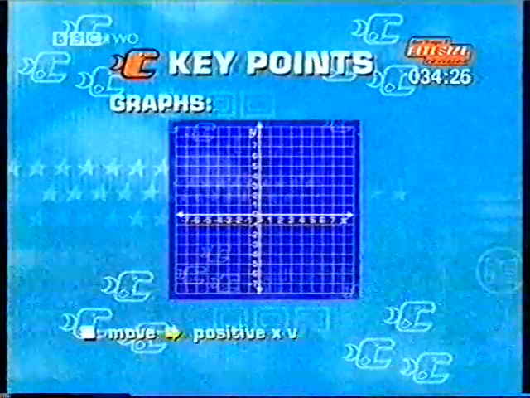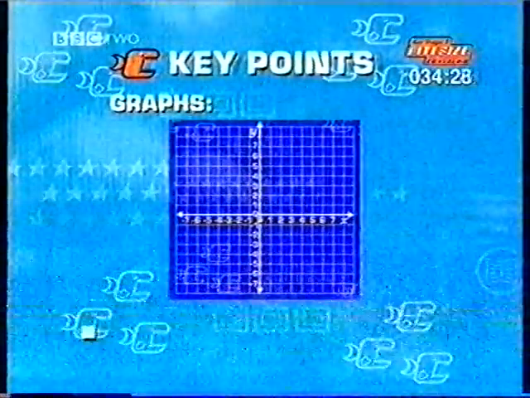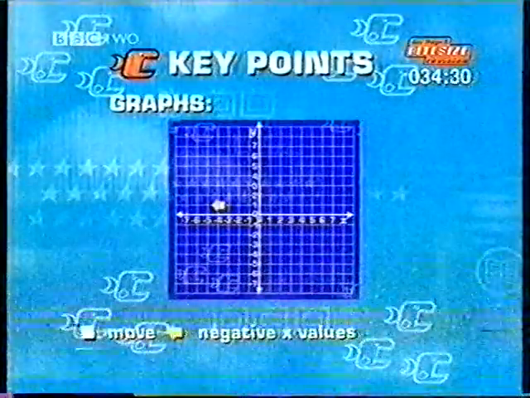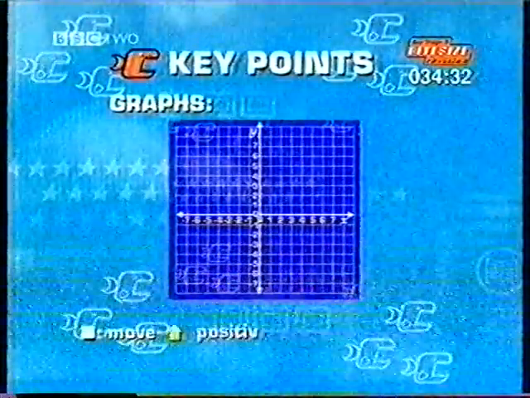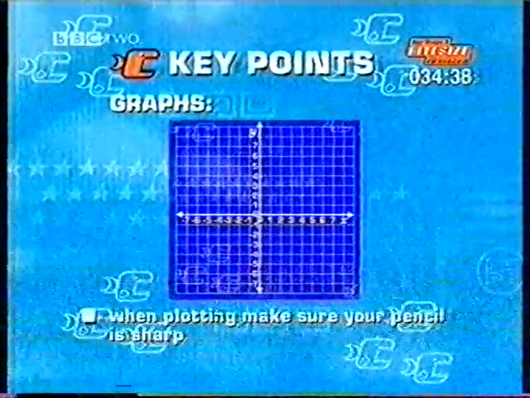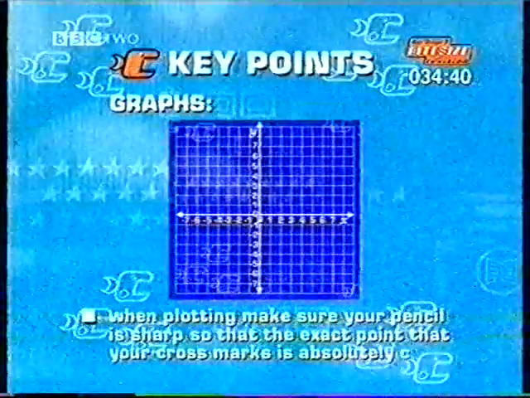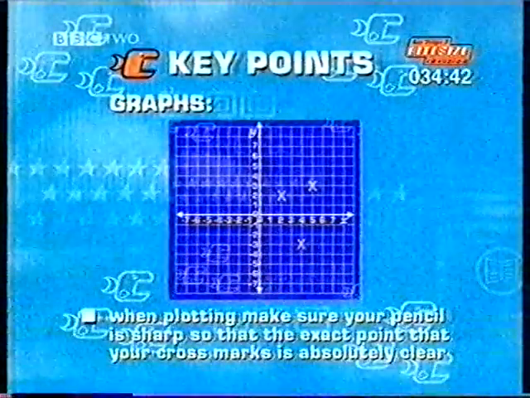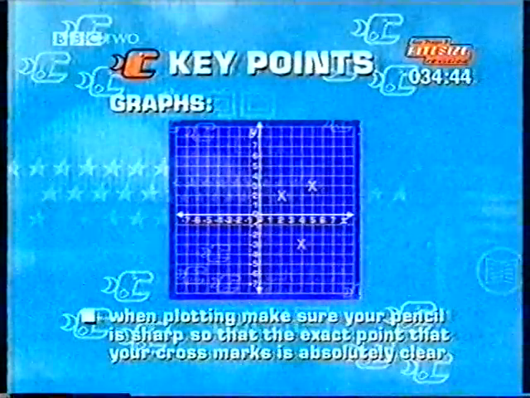Move to the right for positive x values, move to the left for negative x values. Move up for positive y values and move down for negative y values. And when plotting, make sure that your pencil is sharp so that the exact point that your cross marks is absolutely clear.